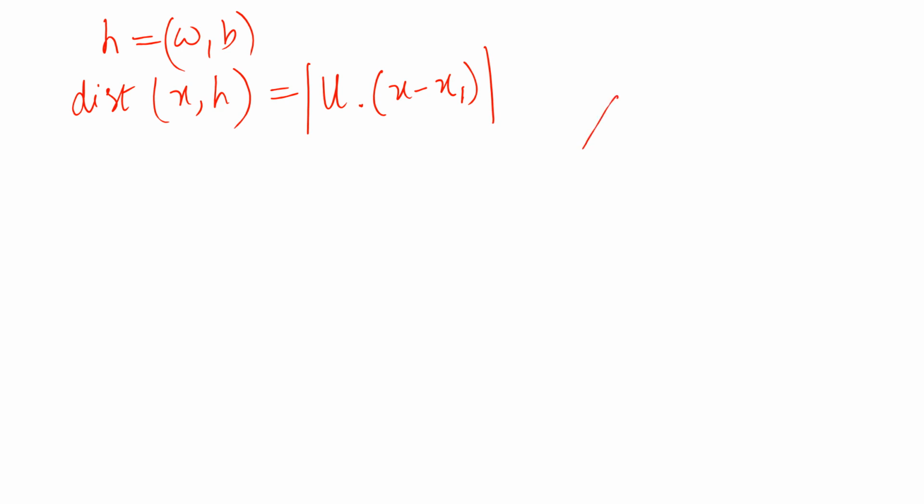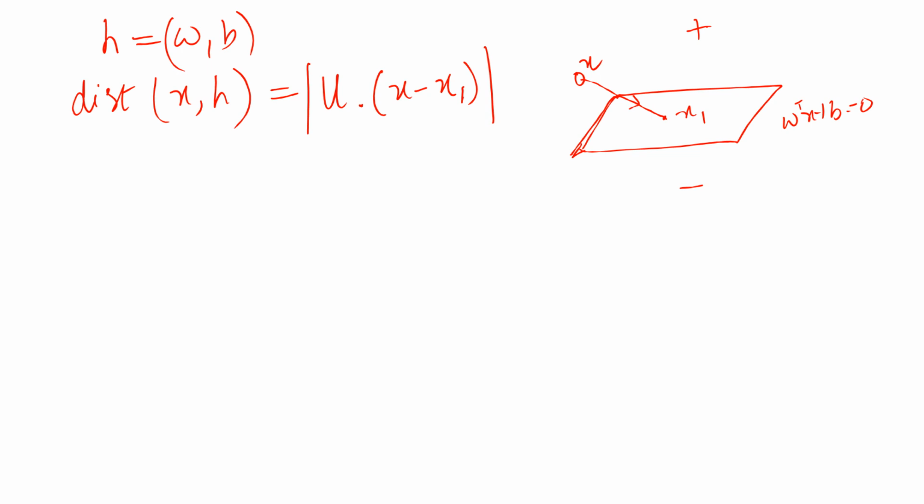Let's quickly look at the geometry. What is this telling us? If this is my hyperplane, then we know that this is w transpose x plus b equals 0, with a positive region where it is greater than 0, and a negative region where it is less than 0. And x is some point here. Let's say x1 is some point on my hyperplane, and I'm interested in finding this distance.